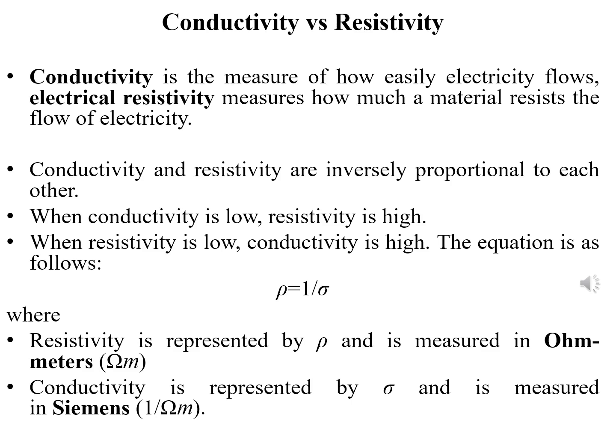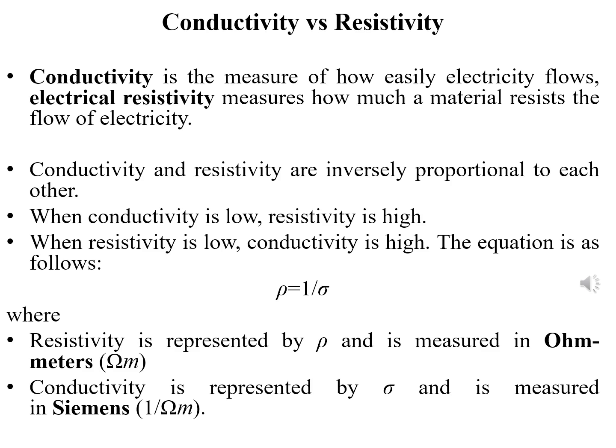Actually, conductivity is the measure of how easily electricity can flow through any material. So if electricity can pass easily through a material, then we can say that it has more conductivity, or that material is more conductive, or that is a conductive material.